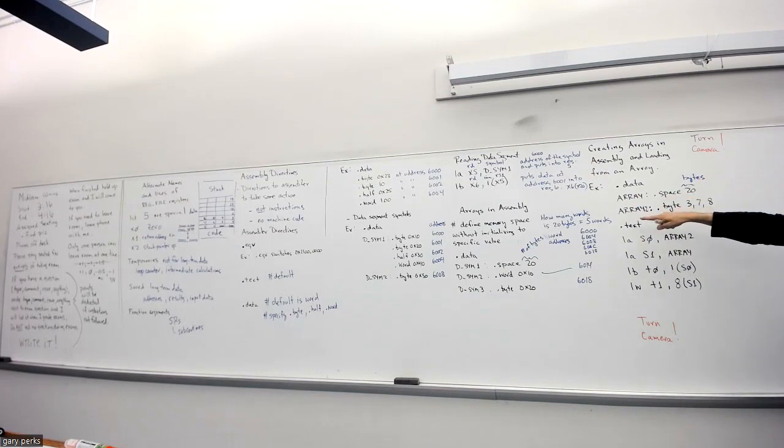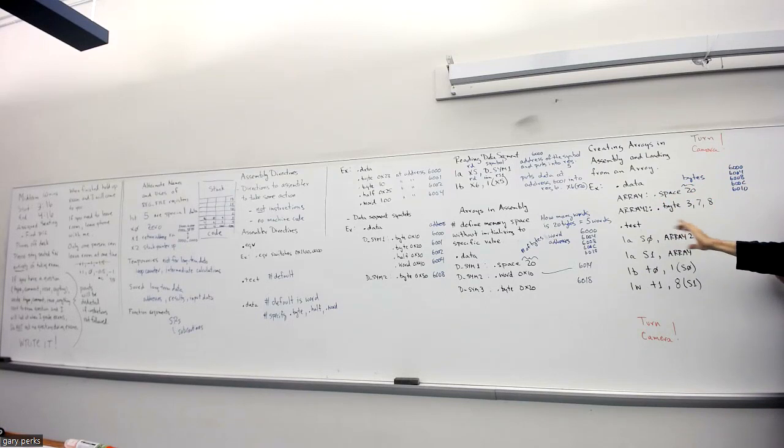Just like we talked about a moment ago, we're allocating words at 6,000, 6,004, 6,008, 6,00C, and 6,010. So that's what this line gives us. For these word addresses and these 20 bytes, we're not specifying what the data is.